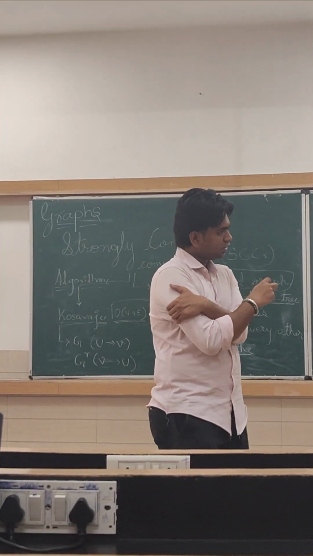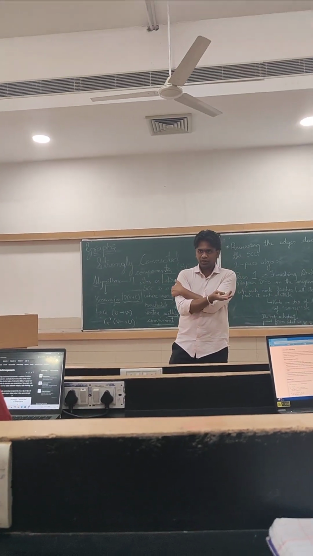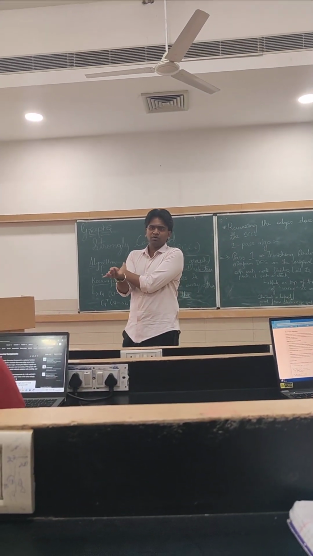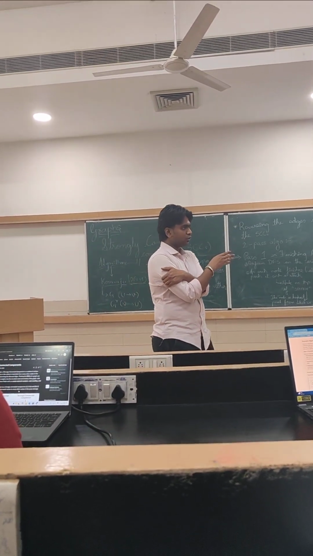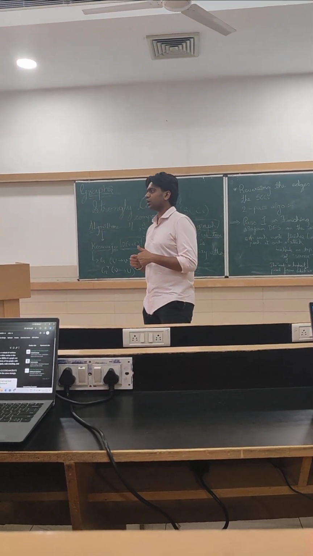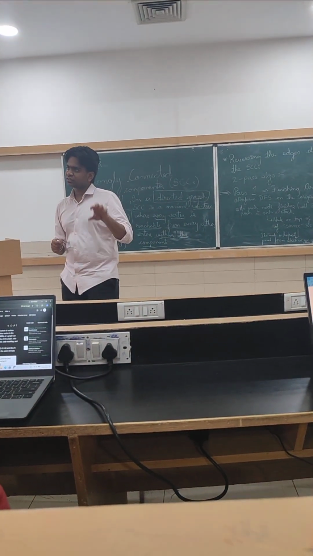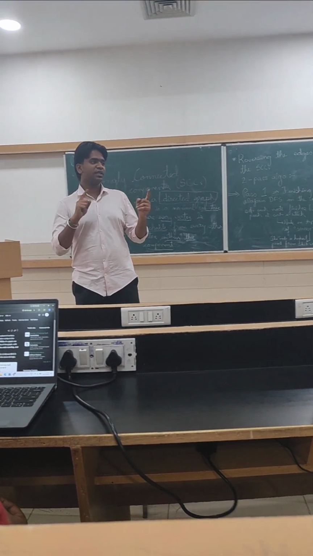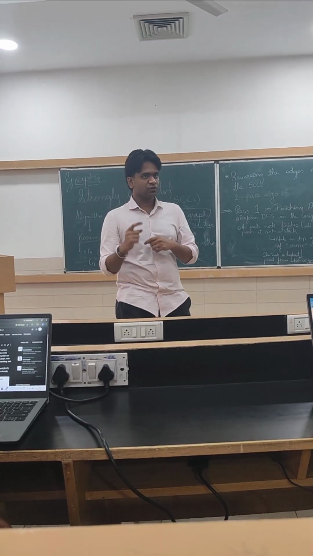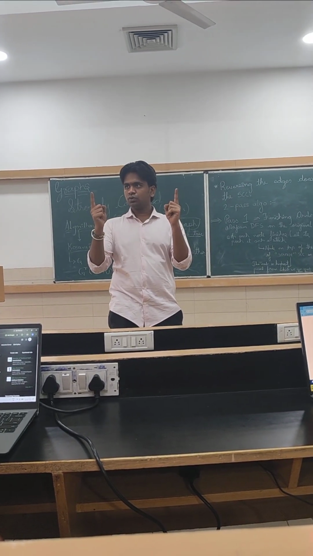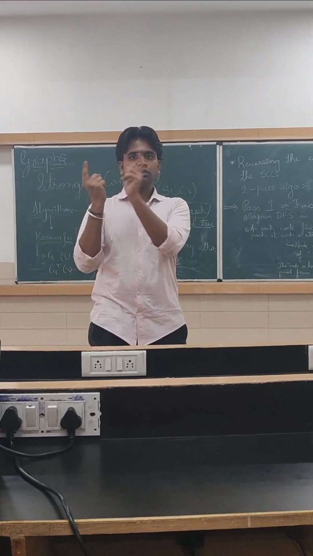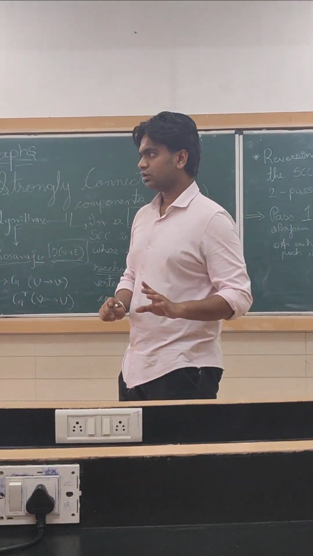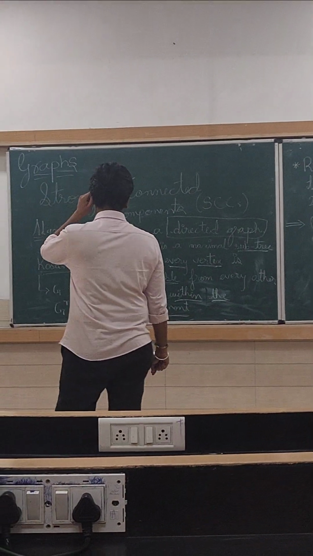Every edge will be of the form V1, V2. For the transpose, the number of vertices and number of edges remain the same, only the direction is reversed. So if it's from V1 to V2, then in the transpose the edge will go from V2 to V1. Very clear? This is the transpose of the graph.